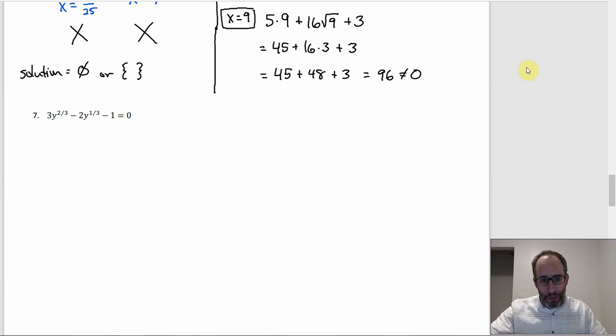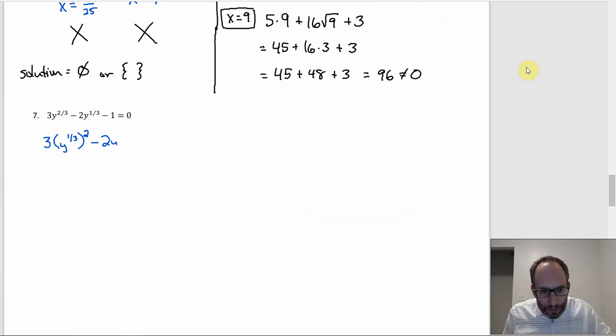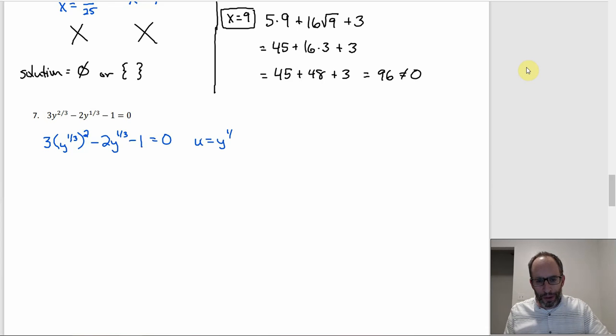So I'm going to rewrite this slightly with the power raised to another power idea again, because you could write that y to the 2/3 as y to the 1/3 squared. And so then u must be y to the 1/3.